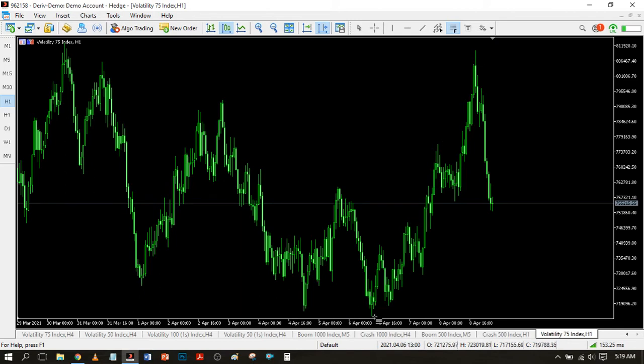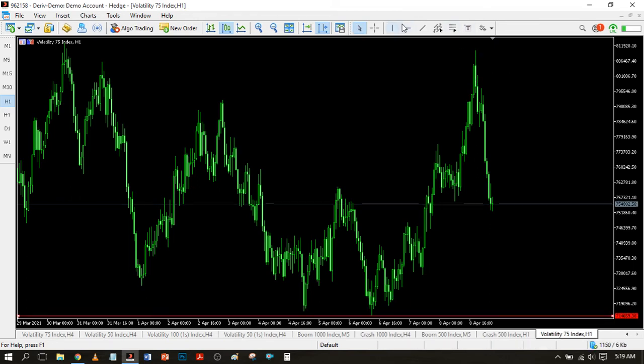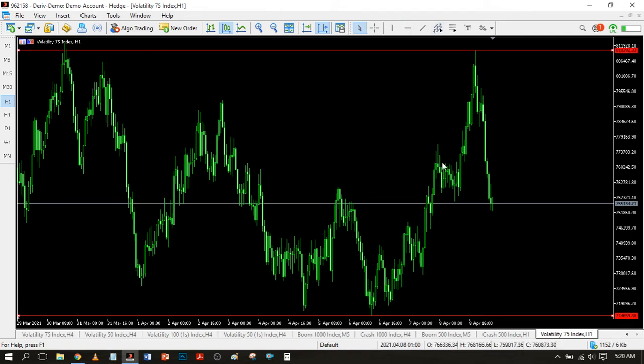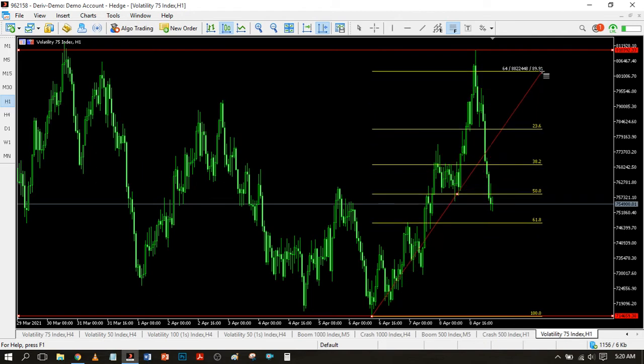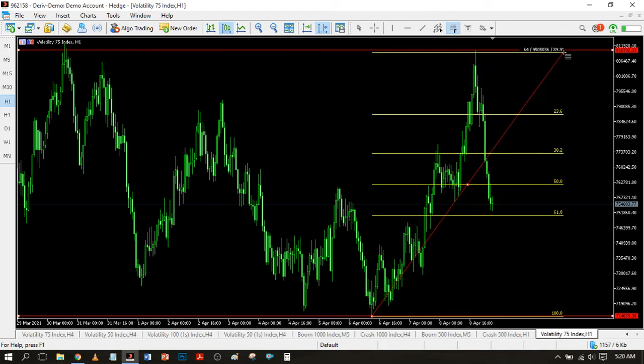For instance, you can see in this particular buy trend that this is a low and this is a high of this trend. So how do you draw a Fibonacci? This is the Fibonacci tool, draw Fibonacci retracement. You just draw the Fibonacci from bottom to top.